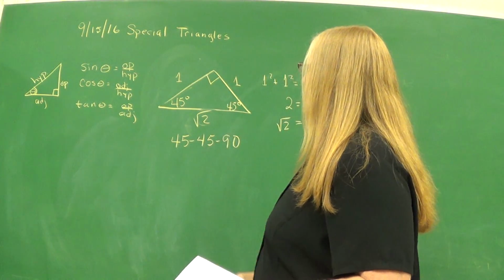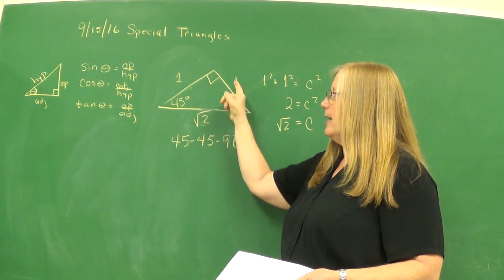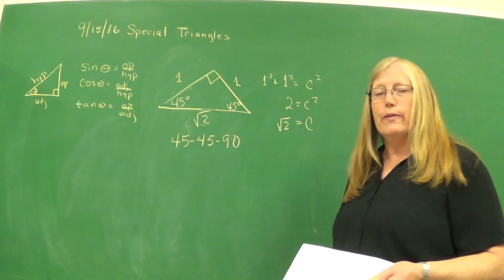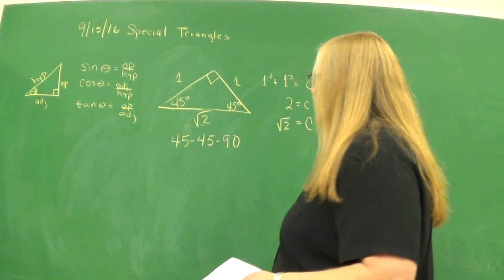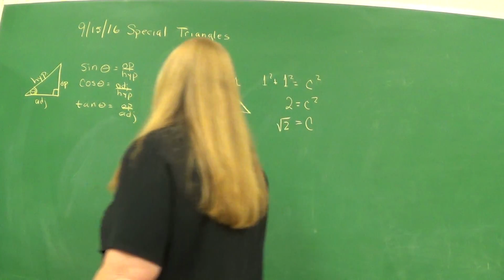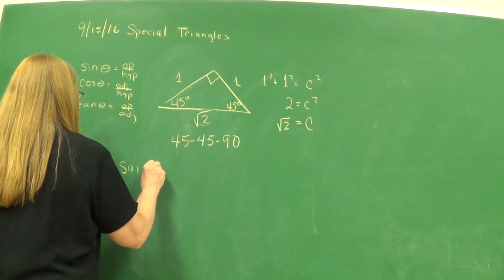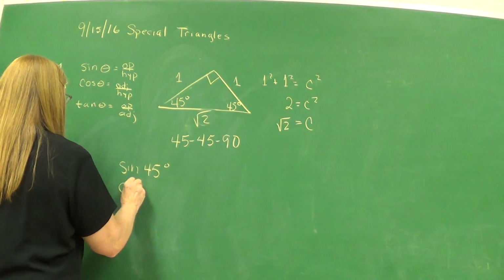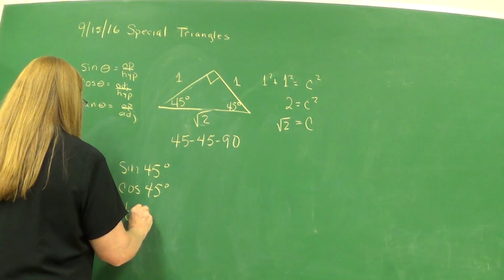And you have to memorize that across from the 45s are 1, and the hypotenuse is the square root of 2. Alright, so let's use that triangle to find the sine of 45, the cosine of 45, and the tangent of 45.